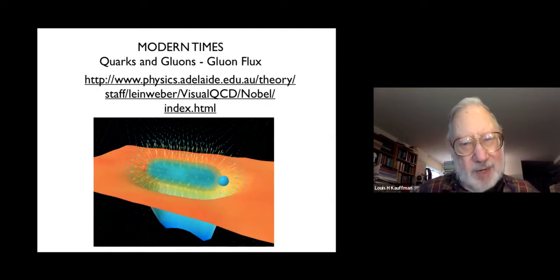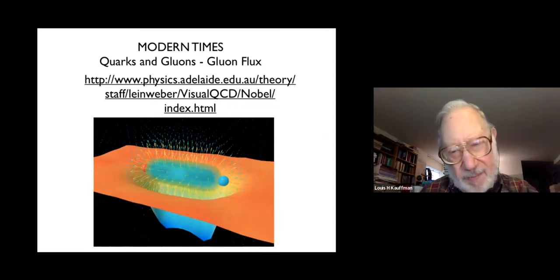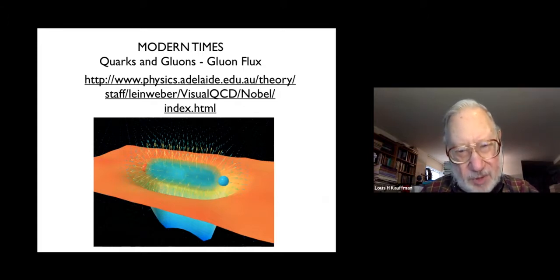And if you pull hard enough, in fact, the energy goes into the field so strongly that new particles appear in between, and you can't pull quarks apart because of that, but you can get long stringy entities of gluon field. So this is in back of what is presumed to happen when you have proton-proton collisions.